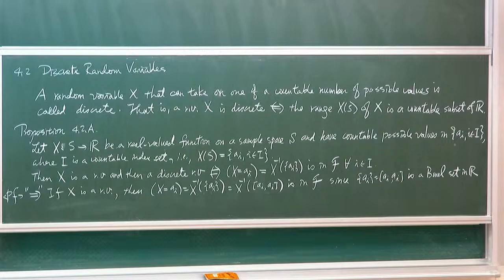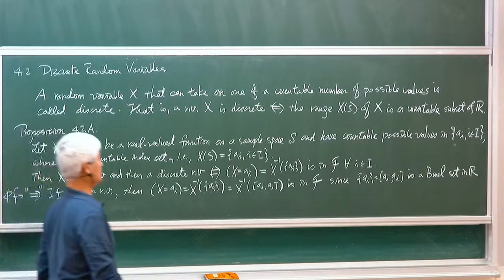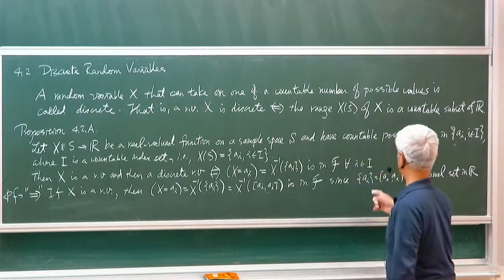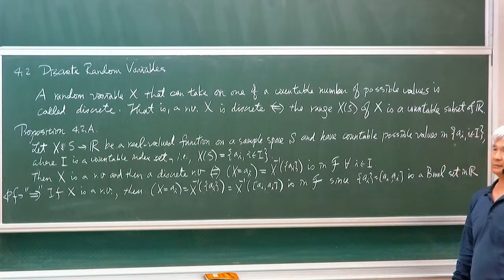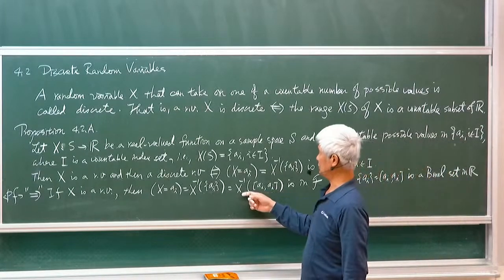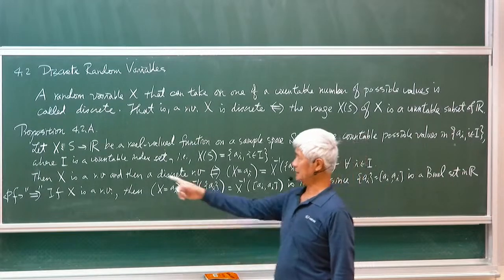X is a random variable if and only if this inverse image is in F. And a singleton is just an interval, so of course a singleton is a Borel set, a very special type of Borel set. So the inverse image of X equal to a is in F by the definition.